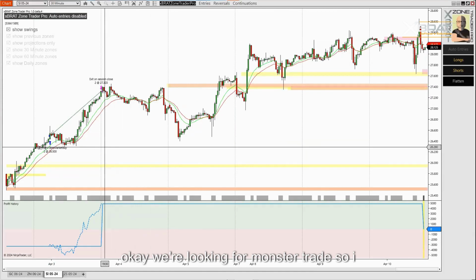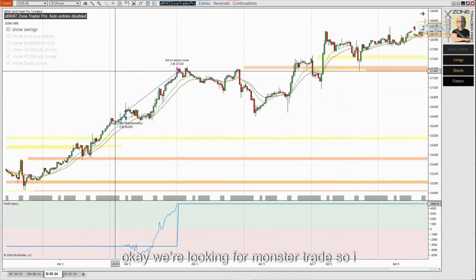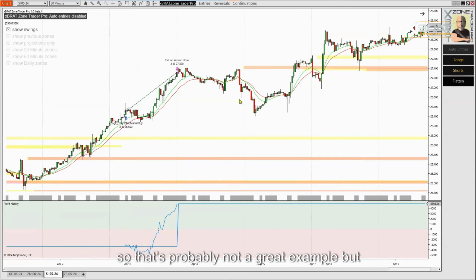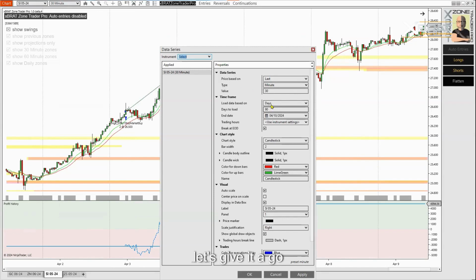Okay. We're looking for monster trades. Silver's probably not a great example, but let's give it a go. So I want to go back probably 60 days, why not?